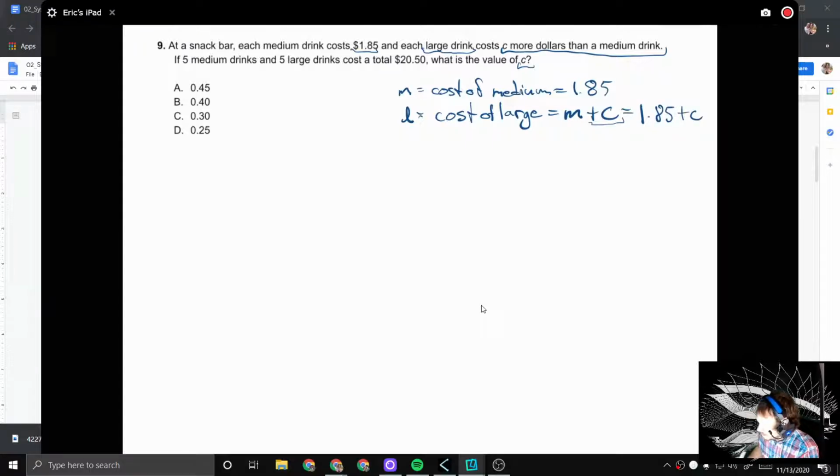We now have an expression for the large drink and an expression for the cost of the medium drink, and 5 medium drinks and 5 large drinks cost a total of $20.50. Well, there we go. 5 times the cost of the medium plus 5 times the cost of the large is $20.50. And we have expressions for both of those. M is just 1.85.